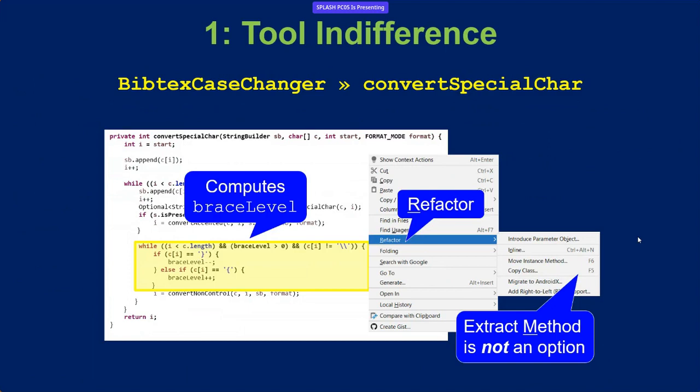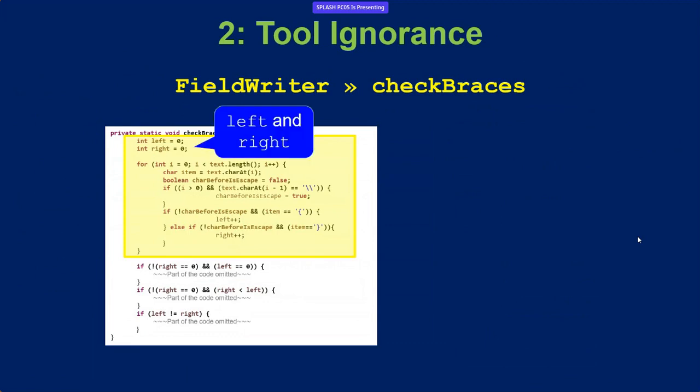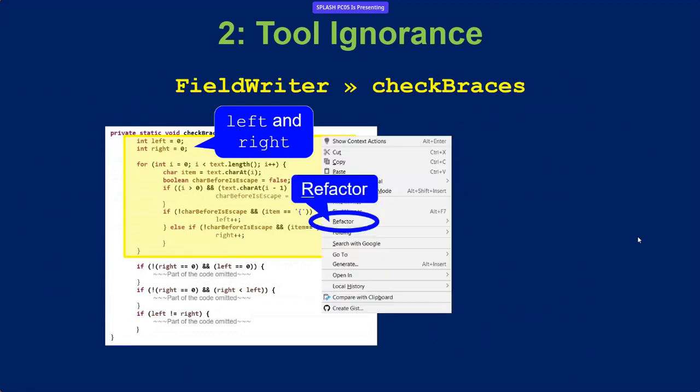So you give up on this method and you look around and you find another method called check braces, promising name. You look inside and you find, again, code that deals with balanced brackets. This code maintains track of left and right brackets. Now suppose you want to extract this code into a method. Again, you can right-click, you can choose refactor.